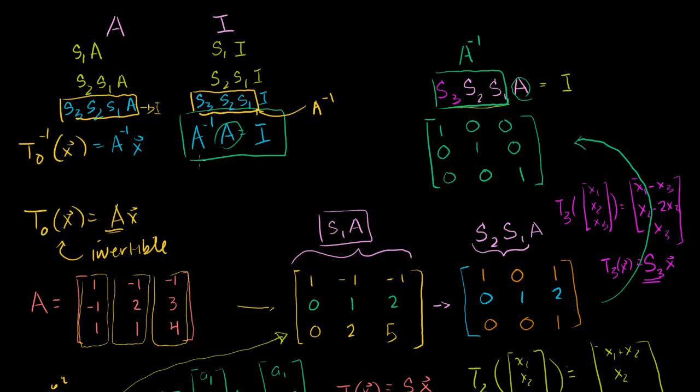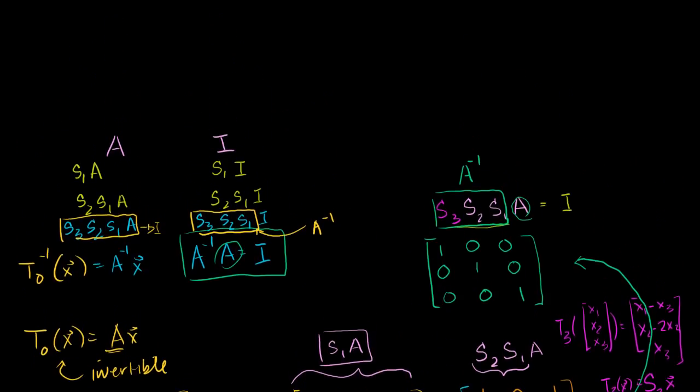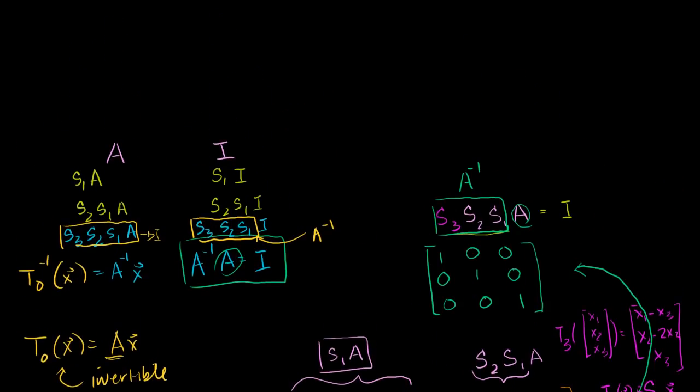So we have a generalized way of figuring out the inverse for a transformation matrix. Let's say I have some transformation matrix A. I can set up an augmented matrix where I put the identity matrix right there, just like that. And I perform a bunch of row operations. You could represent them as matrix products, but you perform the same row operations you perform on A on the identity matrix as well.